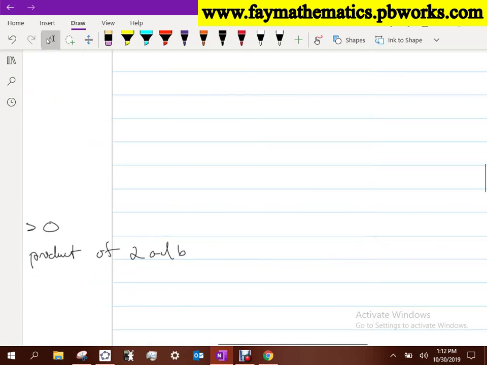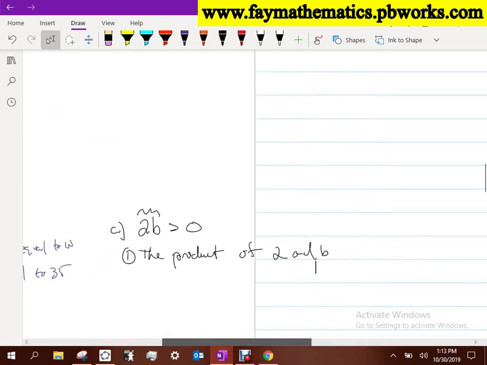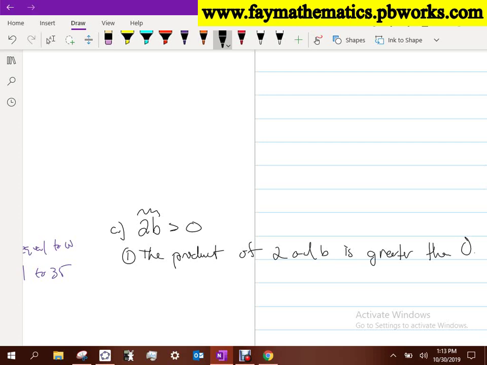Apologize for my handwriting being kind of garbage. Is greater than 0, right? Can I flip it and say 0 is less than the product of 2 and b, or 2 times b, or something like that. However you want to verbally say multiplication of 2 and b.